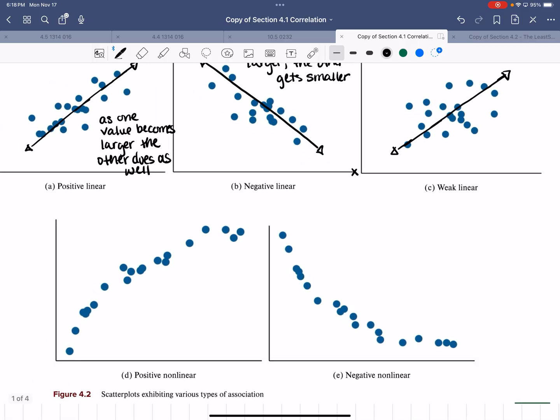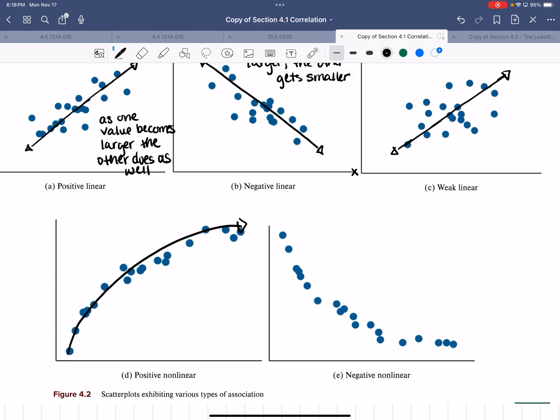This next one on D, we have a positive non-linear. Guys, this is going to be some kind of exponential. If you look, it's got a curve to it. If you put those points on there and draw that scatter plot, and it makes some type of curve, then it's not linear because it's not a straight line.